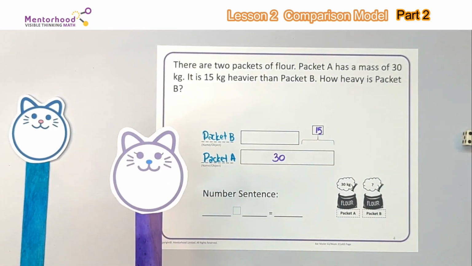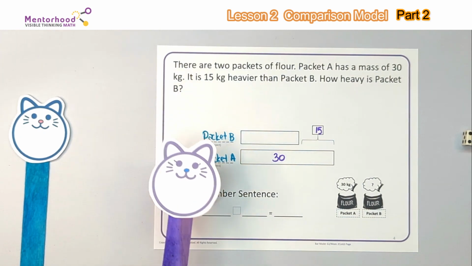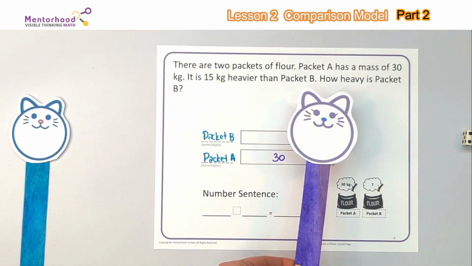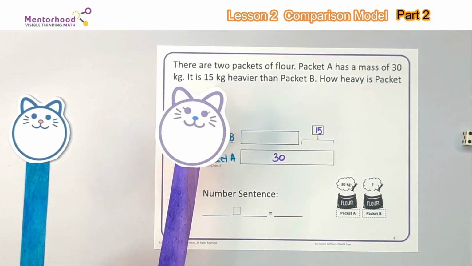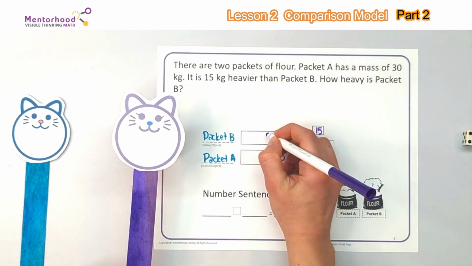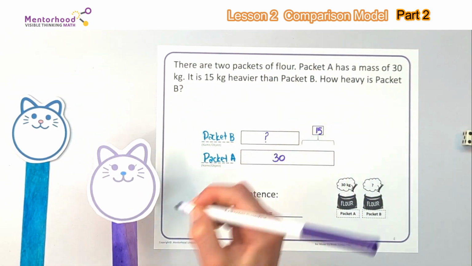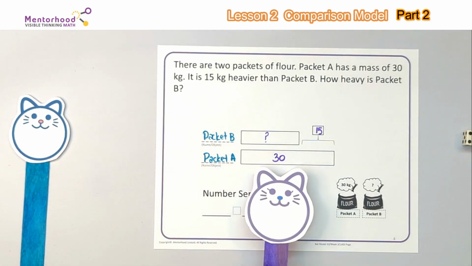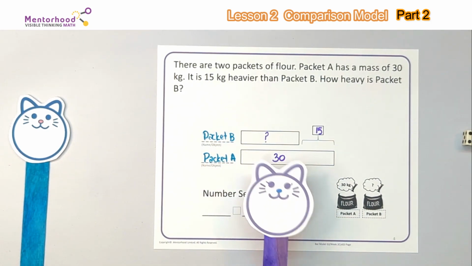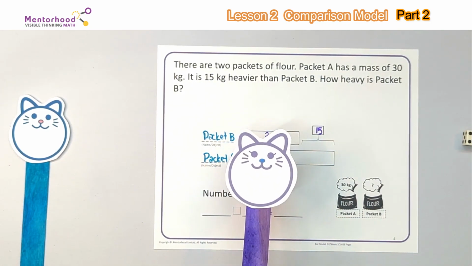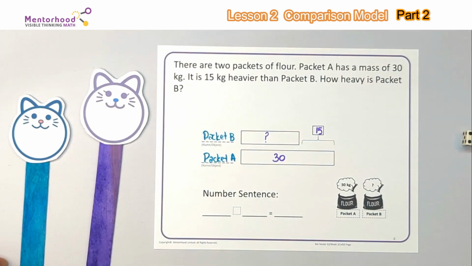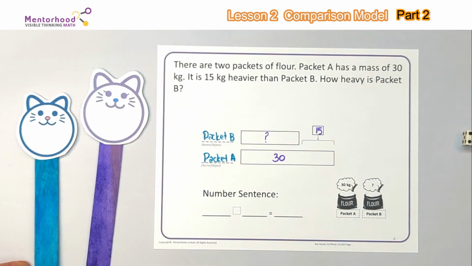All right, now let's figure out our number sentence. We have this blank. How heavy is packet B? So let's put a question mark here so we can figure out how to solve it. Packet A's weight and packet B's weight. Which one was less again? Packet B's weight.